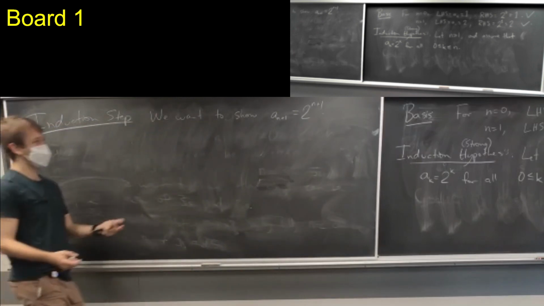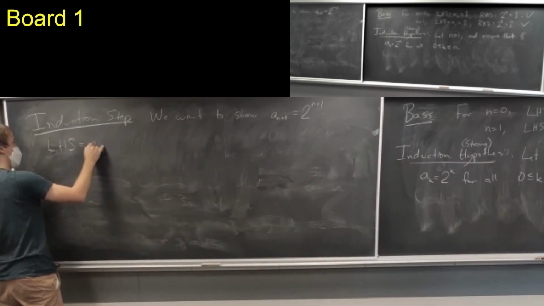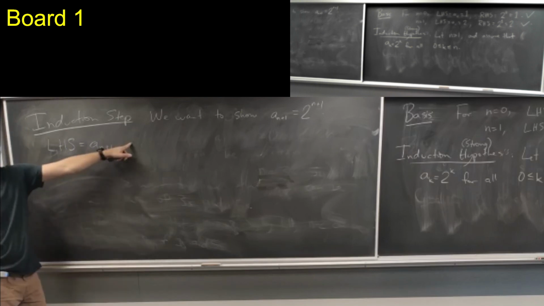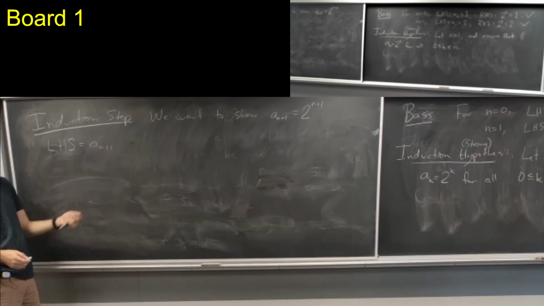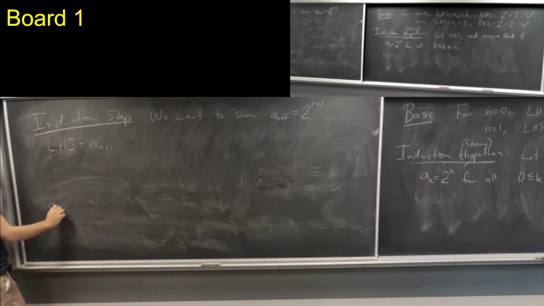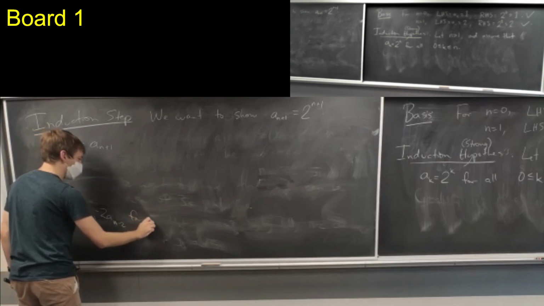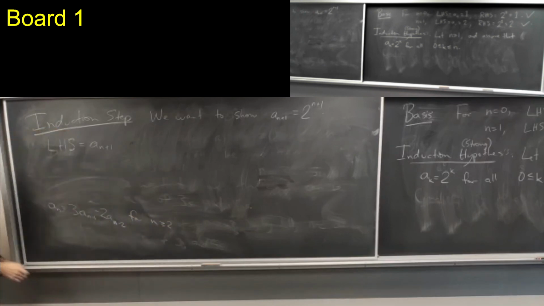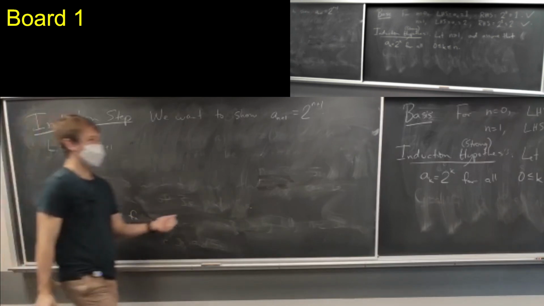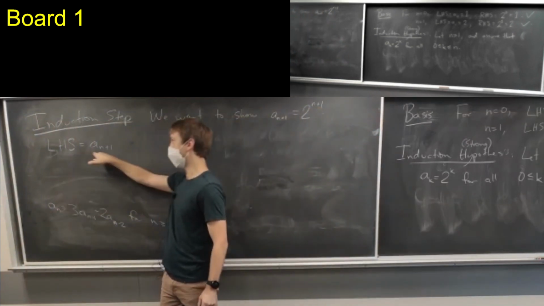Well, the left-hand side is an plus 1. So what did our formula say? It says that an is equal to 3 an minus 1 minus 2 an minus 2 for n at least 2. This might look a little weird because this is an n and that's an n plus 1.